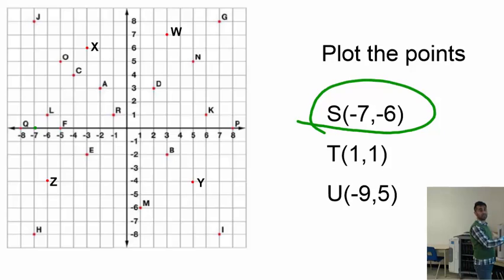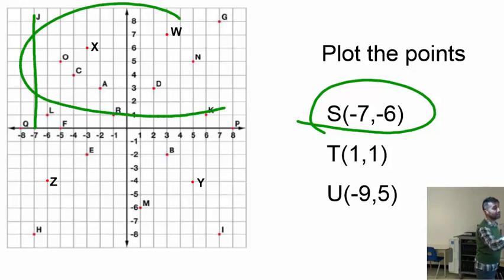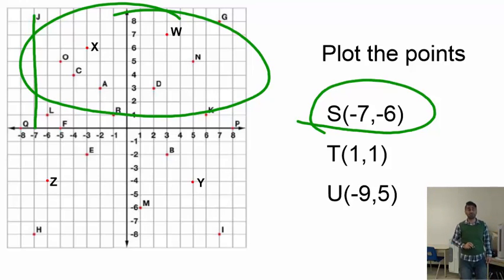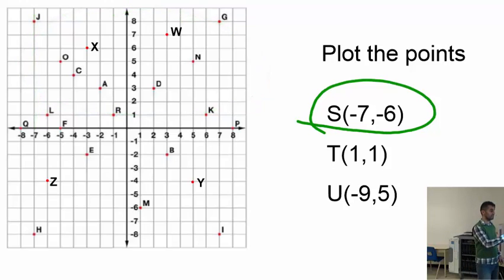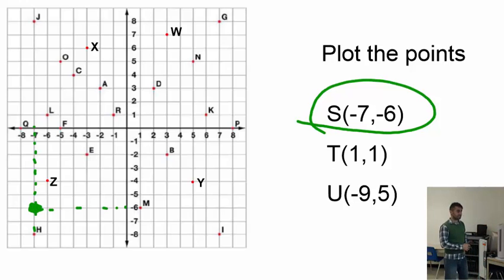And then -6. So I'm not going to go up. Why don't I go up? Because the y-axis values here are all positive numbers. I'm going to go down to get the negative numbers. Negative what? -6. So here. All right. This is where I am supposed to plot the point S.